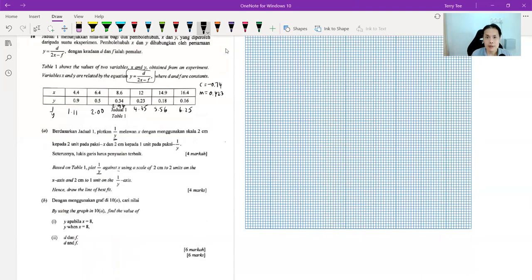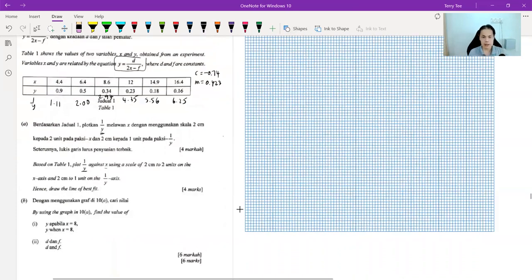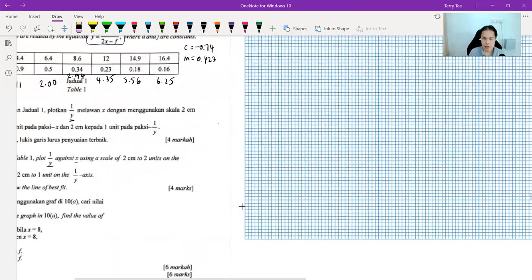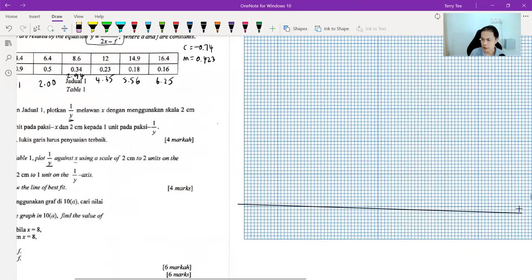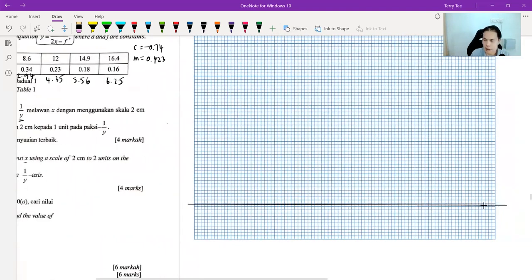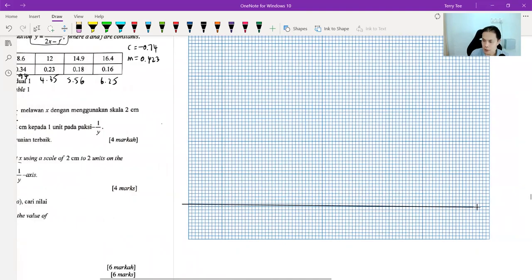All right, so I'm going to plot. My scale is 2 cm to 2 units, and I know my y-intercept is negative, so I would have to go down a little bit below here. We're going to start right here. I may have to readjust this.